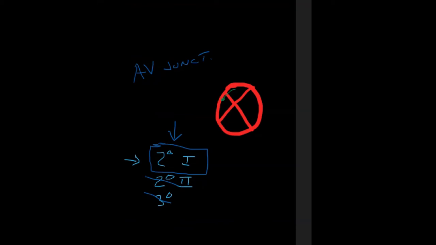The SA node is firing. There's no problem with the SA node. We're actually able to see that the SA node is firing because there's P waves and they appear to be normal. So the SA node in this case is okay. It's doing its job. The problem is right in here.